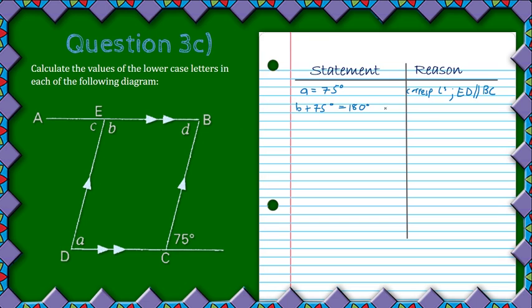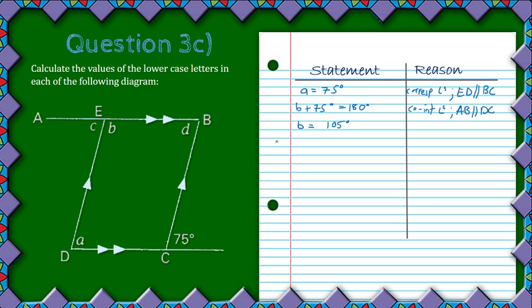Since these two are co-interior, we've got co-interior angles. And now the parallel lines are AB and DC. So AB is parallel to DC. So B is equal to 180 minus 75. So that's just 105 degrees.